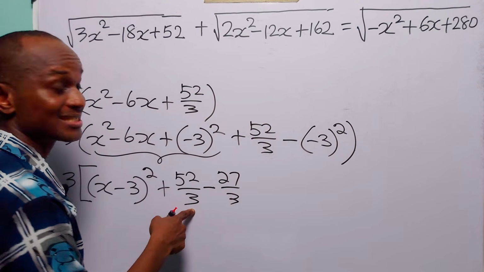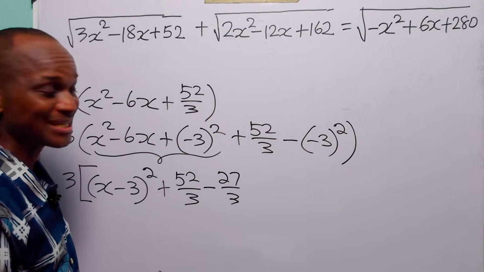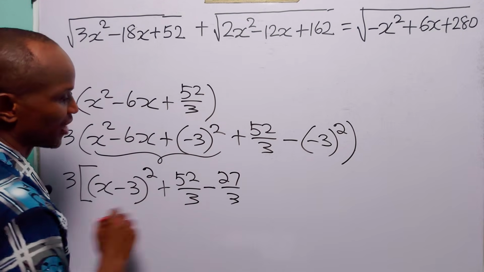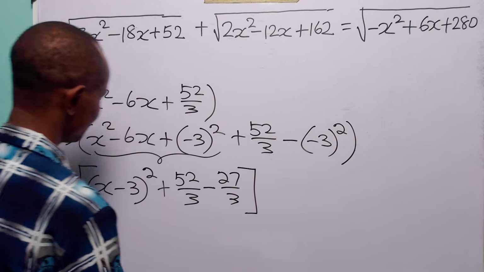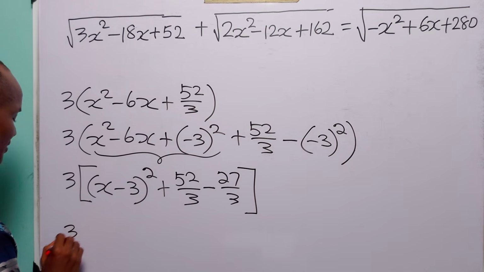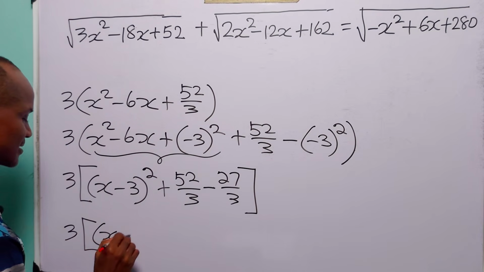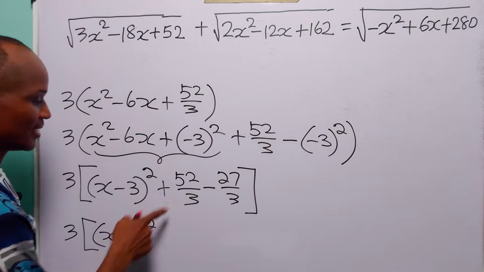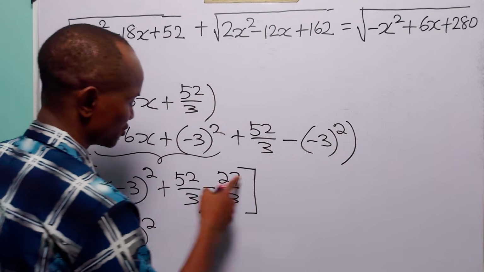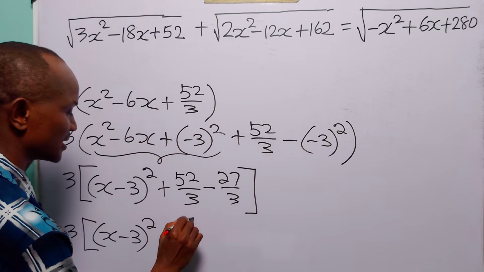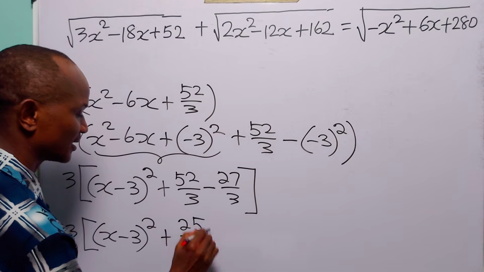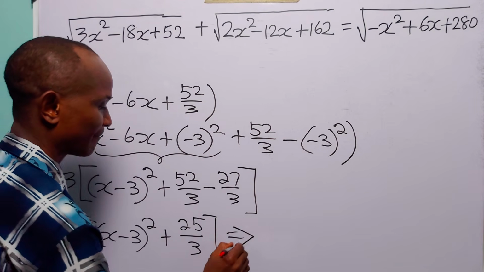Now, these two have the same denominator, so it will be easier to handle the fraction. Now, we have 3 into x minus 3 squared plus 52 minus 27, which is 25 over 3.